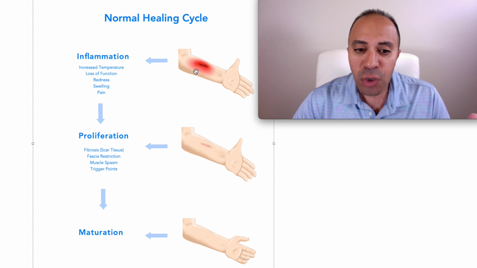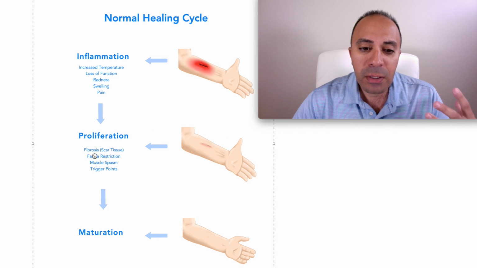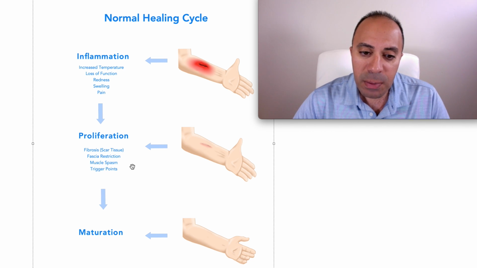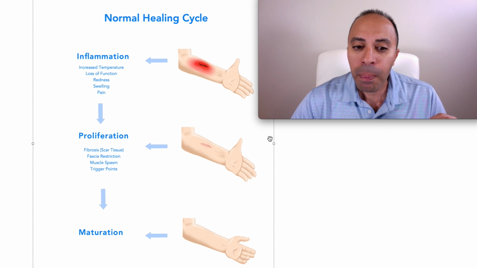The second stage of healing is the proliferation stage, and you see it in the second image in the middle, where the body starts to build scar tissue. During the proliferation stage, there is a cascade of events: fibrosis, which is scar tissue, fascia restrictions, muscle spasm, trigger points.